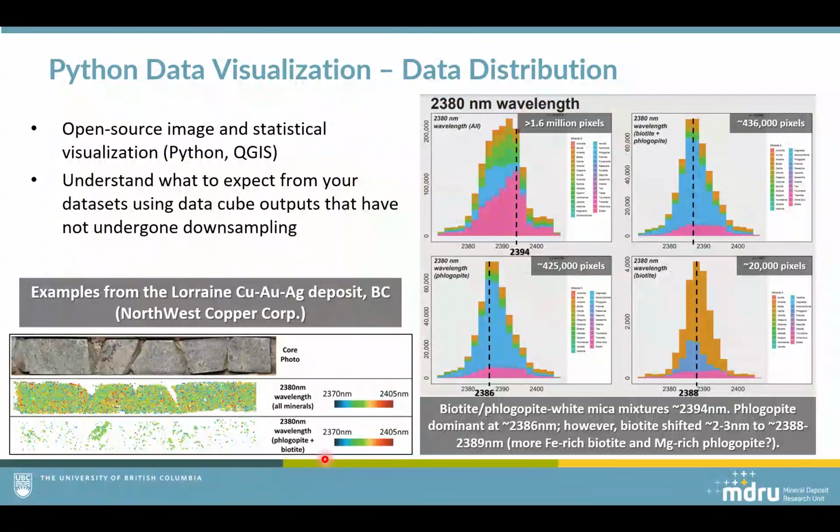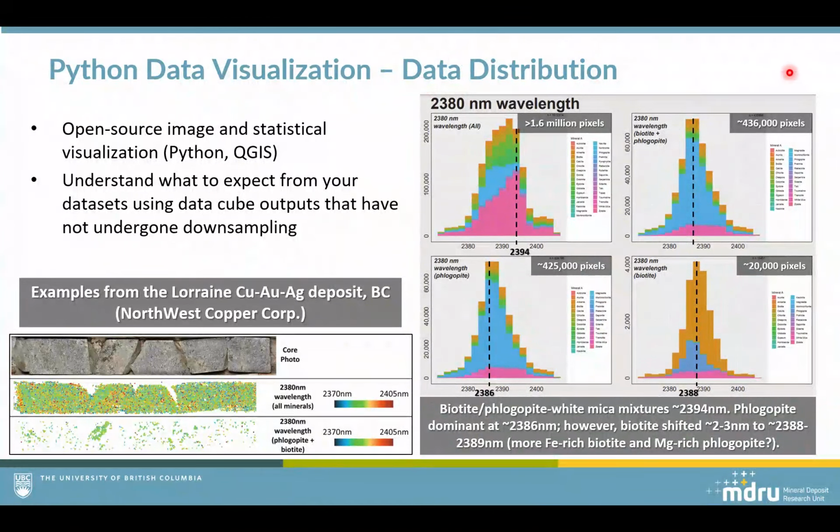When we take this to a whole new scale, the histograms on the right are showing an entire drill hole worth of data. So the top left image contains over 1.6 million pixels in a 230 meter drill hole. And we see a lot of power in this because it not only allows us to look at the entire drill hole, but we're able to look at every mineral that's identified in the workflow process and start to identify populations right off the bat before we even downsample.